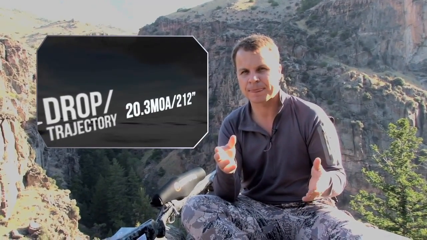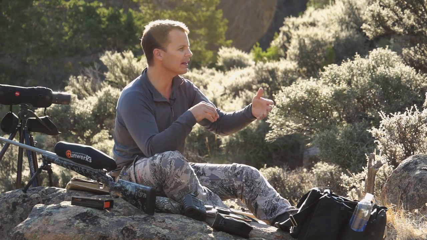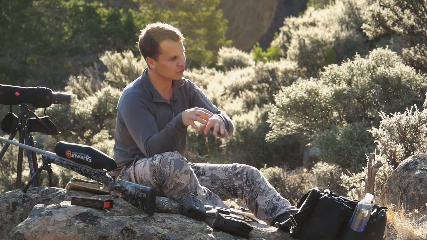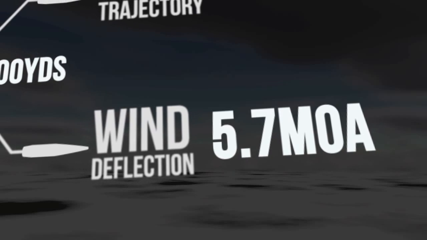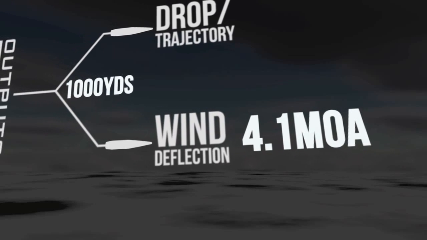You also need to be aware of how the wind is affected, and your wind calculation can change based on those conditions. Just for that simple case of 2,000 feet elevation versus 8,000 feet, we're looking at 1,000 yards with a 10-mile-an-hour wind. We're talking 5.7 minutes of angle or 4.1 minutes of angle.